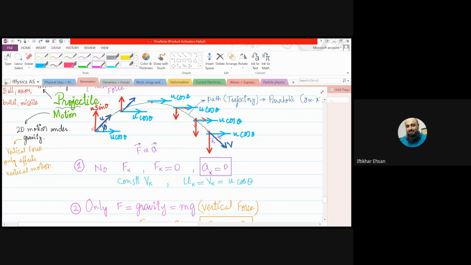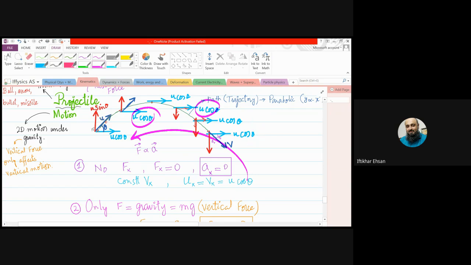The initial horizontal component of velocity will be the same as the horizontal component at any point afterwards. If initially it is u cos theta, then at all points the horizontal velocity will be equal to u cos theta.